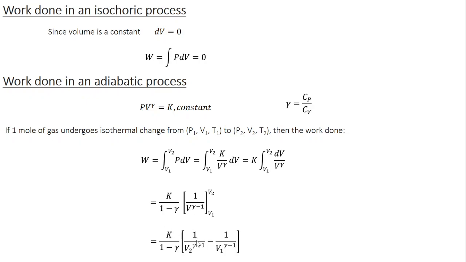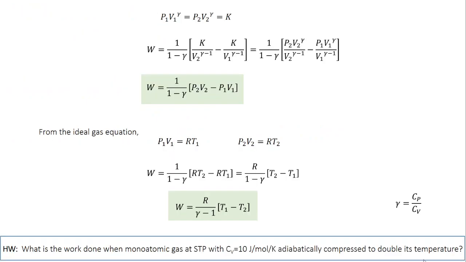Now from the expression for work done, originally K is outside the bracket. You can take K inside the bracket. So work done equals 1 divided by 1 minus gamma, K divided by V2 to the power gamma minus 1, minus K divided by V1 to the power gamma minus 1. Now instead of first K, you can write P2 V2 to the power gamma.